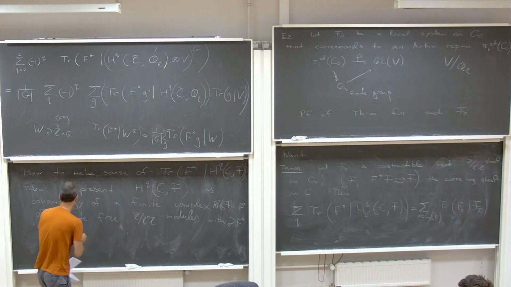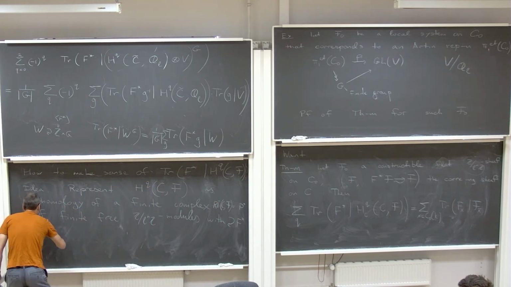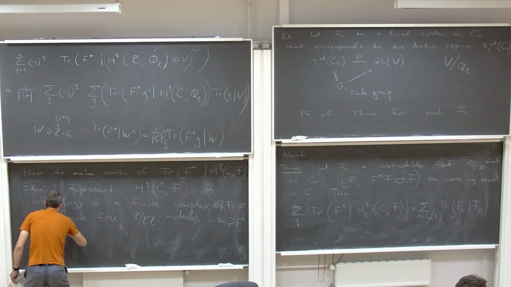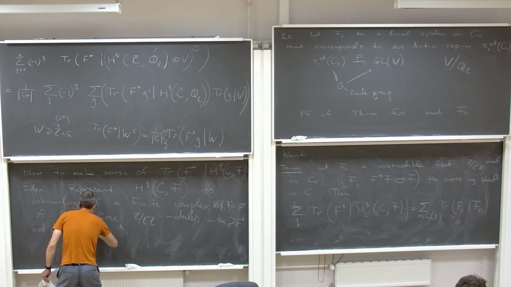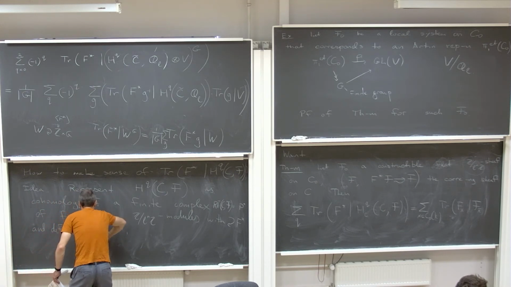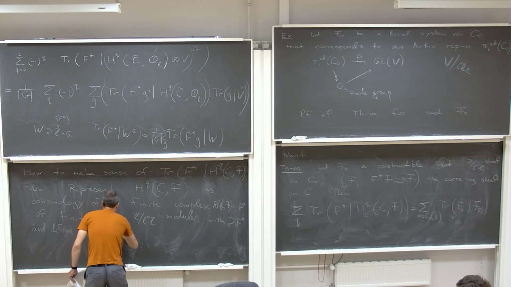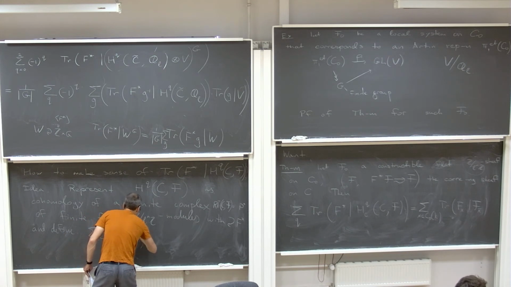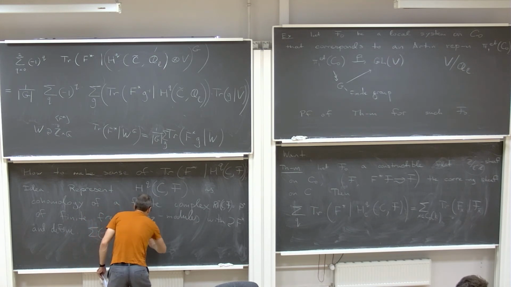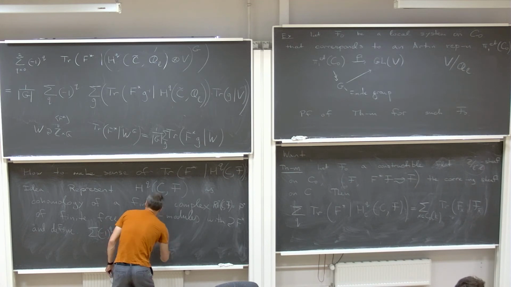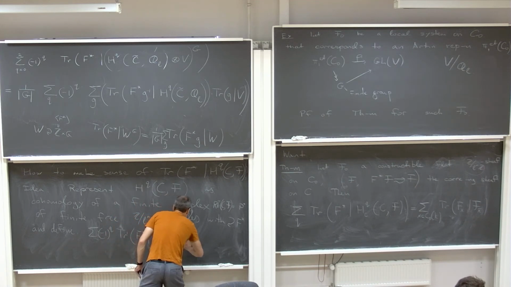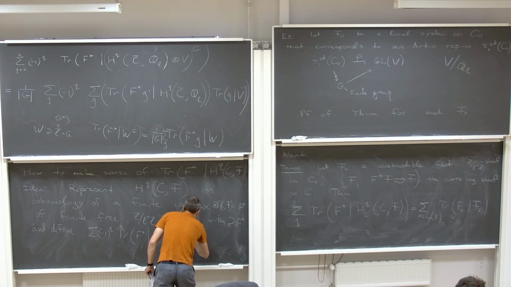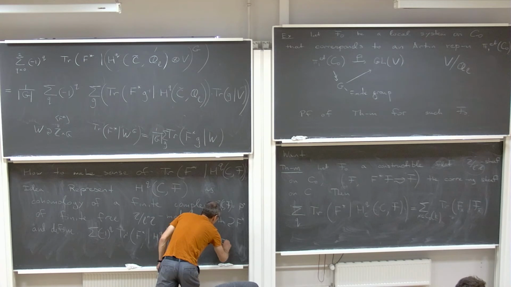And define the trace, the alternated sum, (-1)^q of traces of Frobenius on H^q, as the alternated sum (-1)^i of traces of F on P^i.